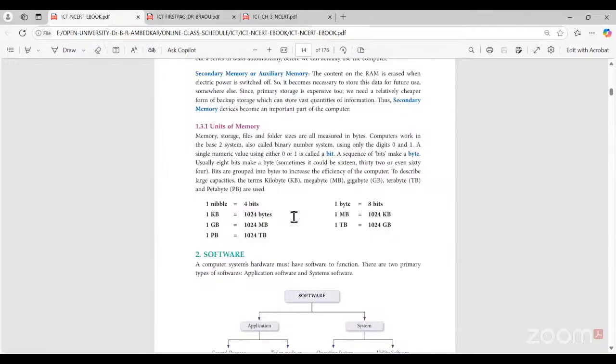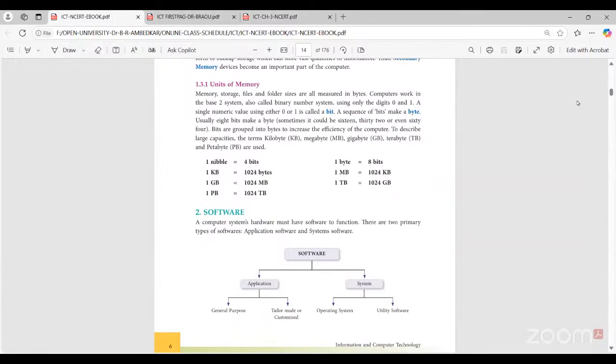Now one more very important point here is units of memory. How do we measure the data stored inside the memory or inside the storage devices? You see here the memory, storage, files, and folders. All these are measured in some kind of measurement.